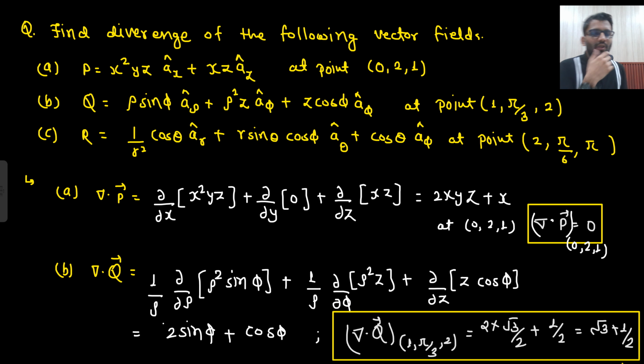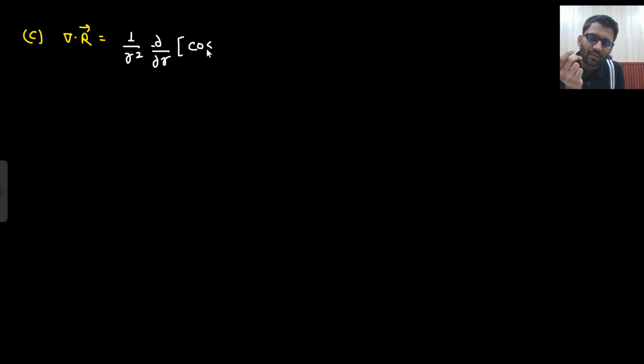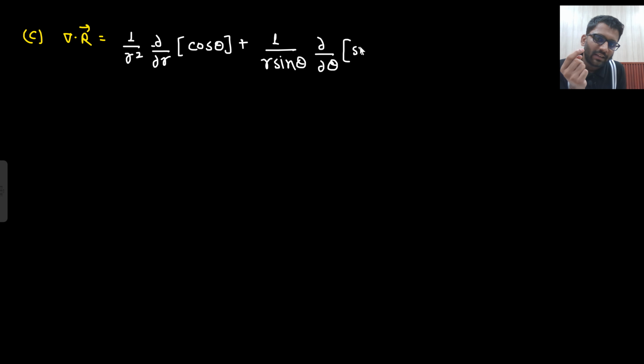You apply the formula on your own and then try solving it. So what will happen? In the first term there is some issue. It should have come directly d by dr, but r square into a r. So r square into 1 by r square cos theta, plus 1 by r sin theta d by d theta of sin theta into a theta.